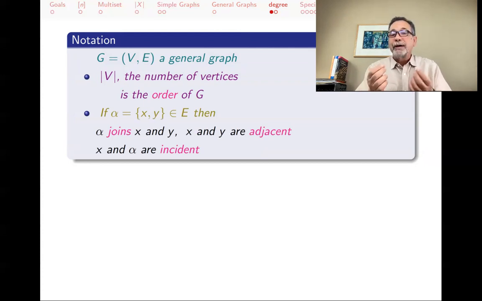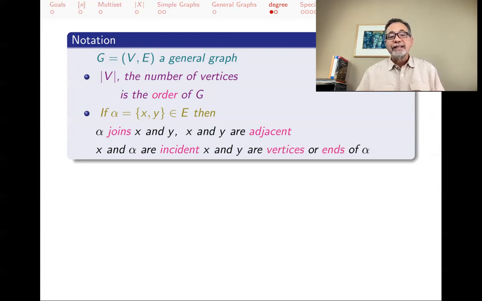So incident is about a vertex being on an edge. Adjacency is about 2 vertices. 2 vertices are adjacent because they have an edge between them. And we sometimes say alpha joins this vertex to that vertex. We also say that X and Y are vertices or ends of alpha.